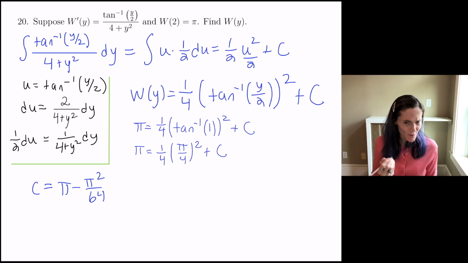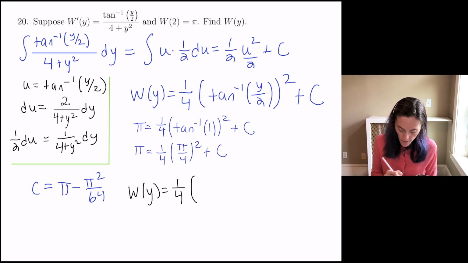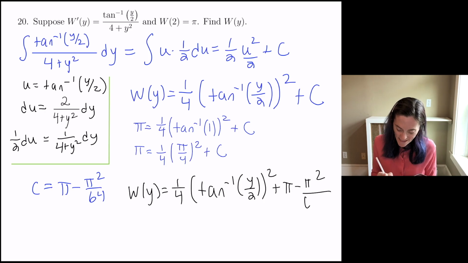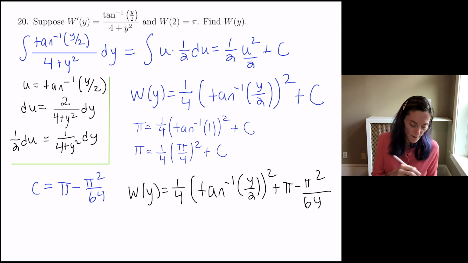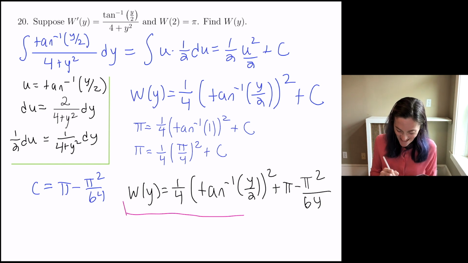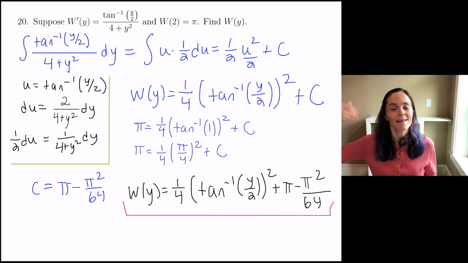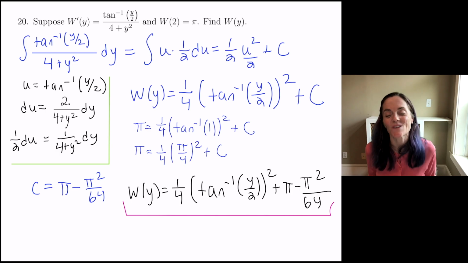So, final answer, maybe I will do this in black. W of y is 1 over 4 tan inverse of y over 2 squared plus pi minus pi squared over 64. Well, isn't this a function for you? Very nice. We went out with a bang on this question 20.